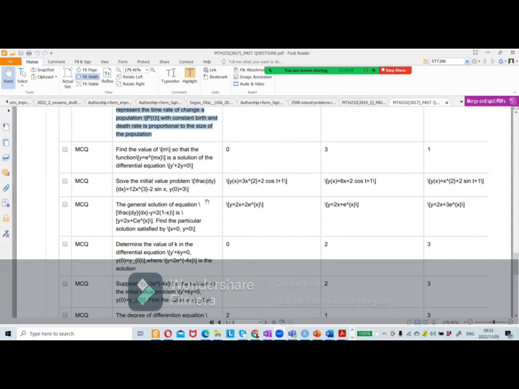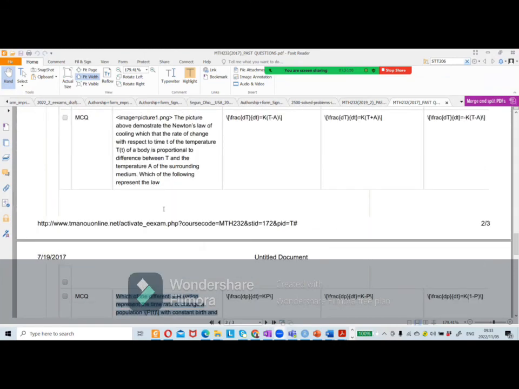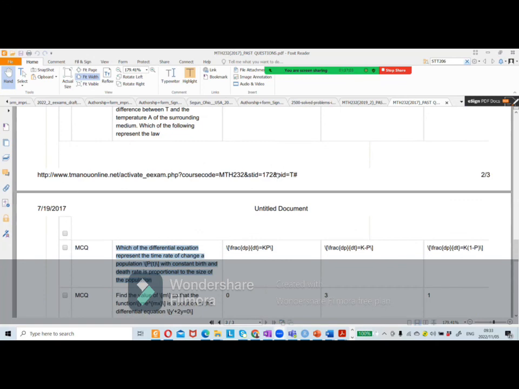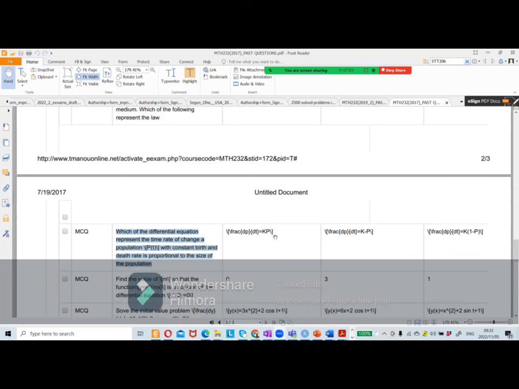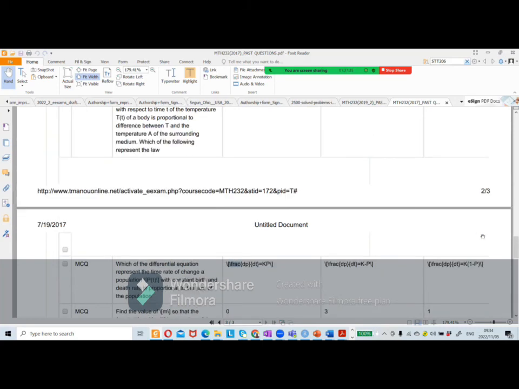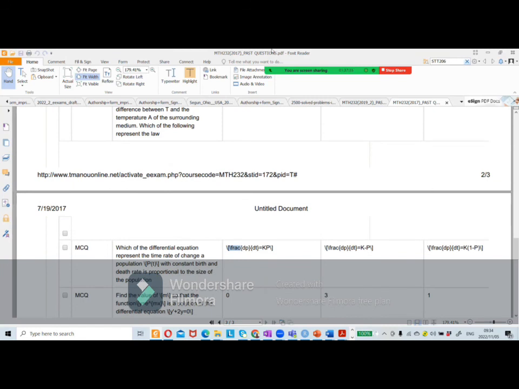So you should know how to write those equations. The fraction in front just means the division sign. It simply means dp over dt equals kp, or dp over dt equals k minus p, or dp over dt equals k in bracket 1 minus p.